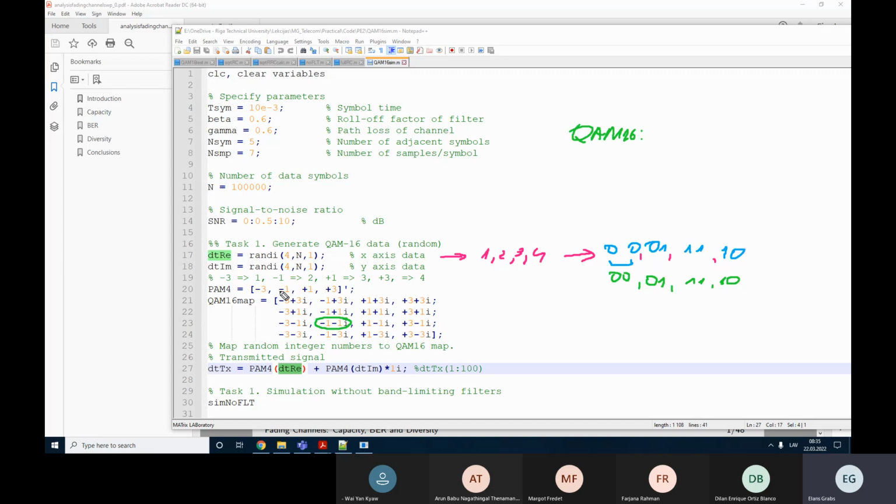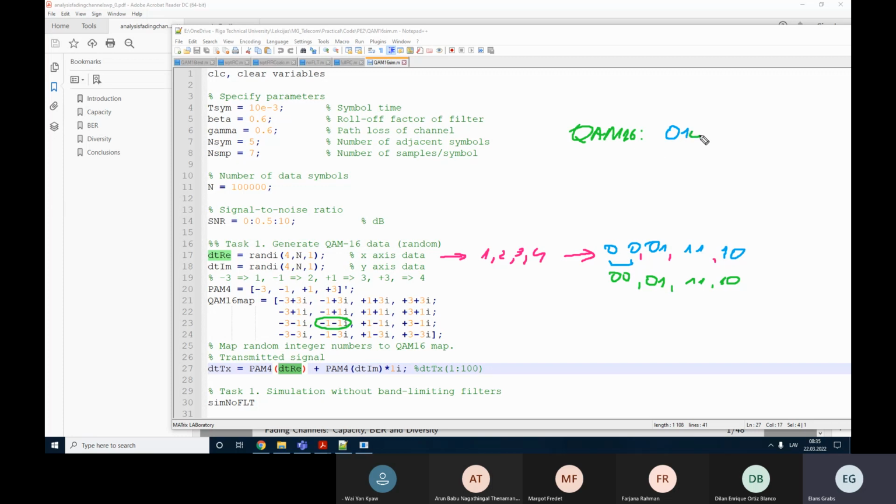-1 is matching 2, and 2 is matching 01. No, wait a minute. Yes, it's matching 01. So that would be the real part, 01, which is in blue color. The same way, for the imaginary part, it is also 2 and also 01, which is in green color.